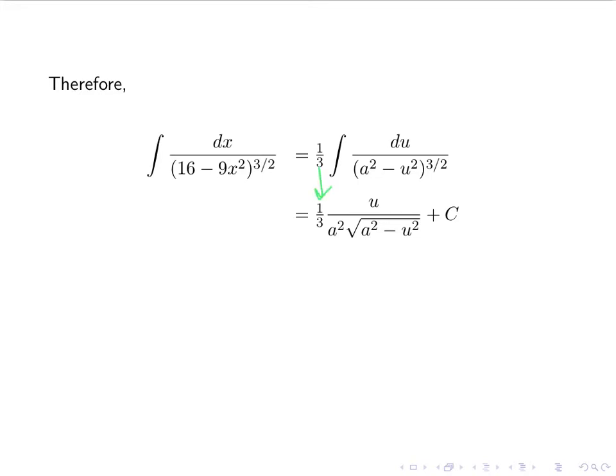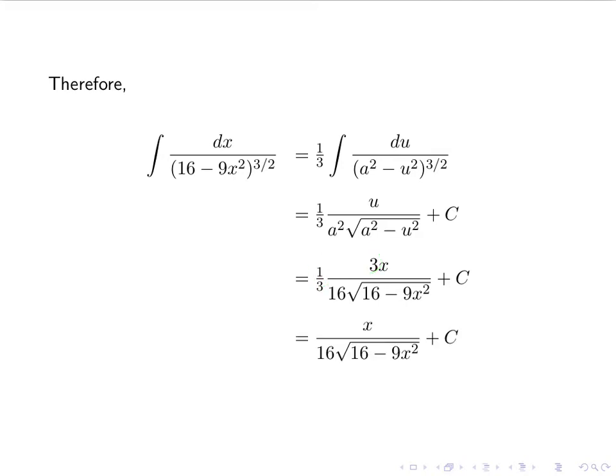So the integral is u over a squared times the square root of a squared minus u squared. And again, we plug in what a and u are. And then we clean it up. So this 3 up here and this 1/3 will cancel. And we have x divided by 16 times the square root of 16 minus 9x squared plus c.